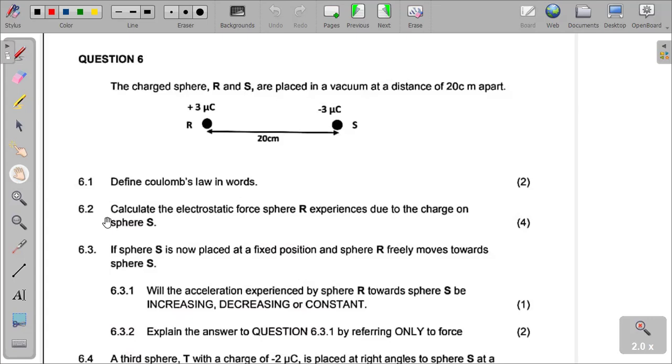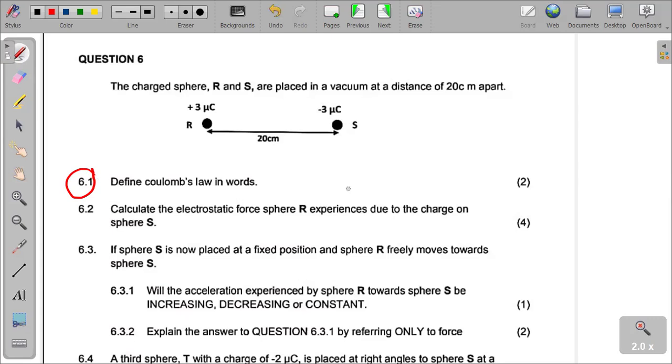In calculating that, we are using Coulomb's law. As a matter of fact, I would want to continuously emphasize that the main reason why you are often given this is that it often serves as a clue on what to do in the questions that follow.